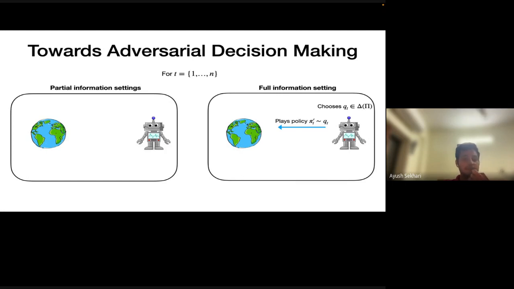But looking at the proposal QT corresponding to the full information problem, the partial information problem will construct a distribution PT depending on what QT was proposed. And the learner in the partial information problem will play PT. At the same time, the nature will choose a model MT adversarially.